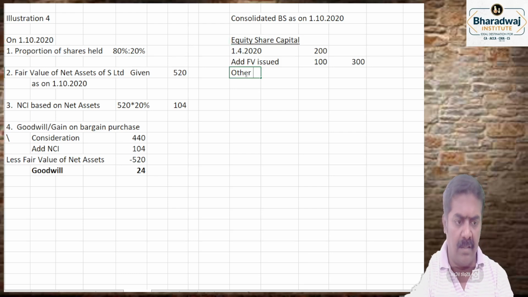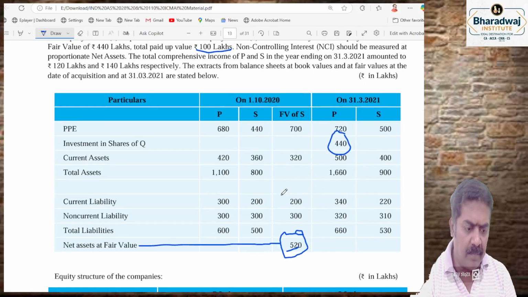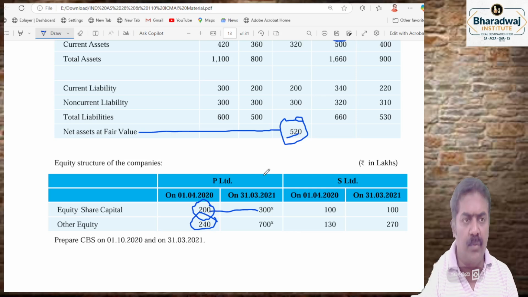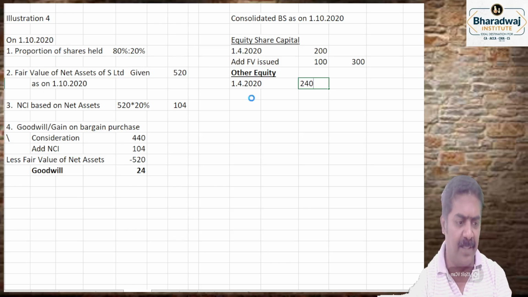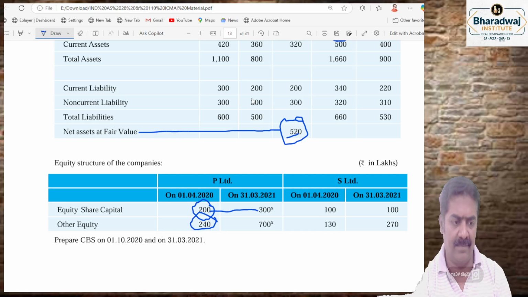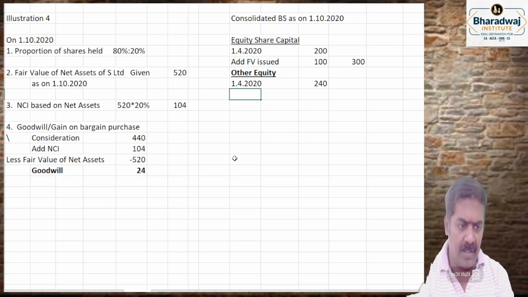Then other equity means reserves and surplus. What is other equity? At the beginning of the year it was 240. Then securities premium.